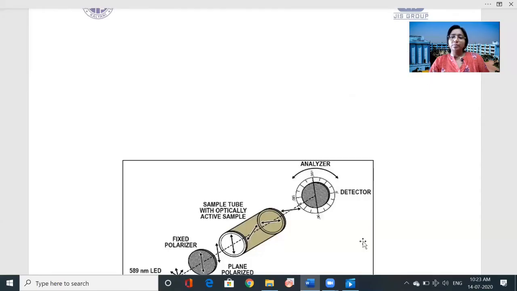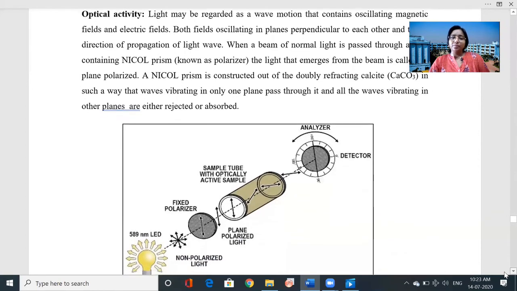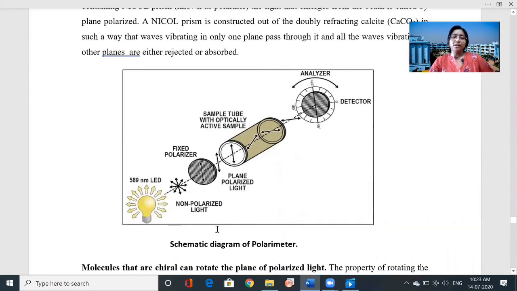So I hope that you have understood the video. Here a picture is also given: the non-polarized light, then the fixed polarizer, the sample tube, and now the detector.